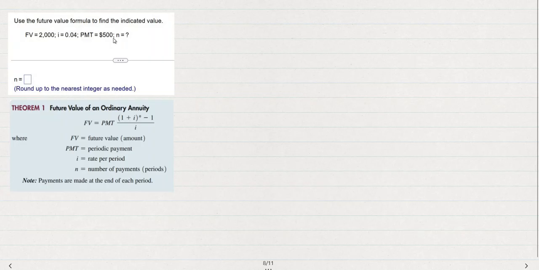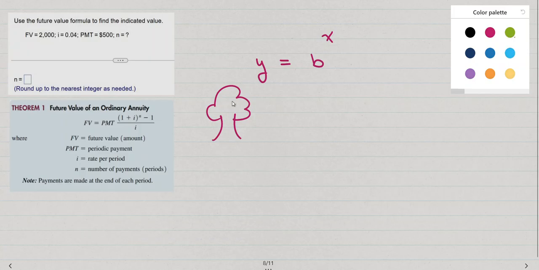Now, an interesting thing about this problem is that we're going to end up having an exponent problem where the variable, in this case n, is an exponent. And the piece of algebra that you want to remember is how to solve for a variable when the variable is an exponent.